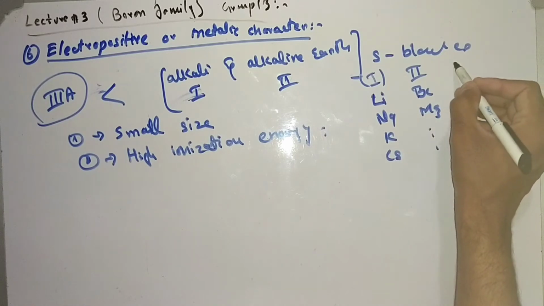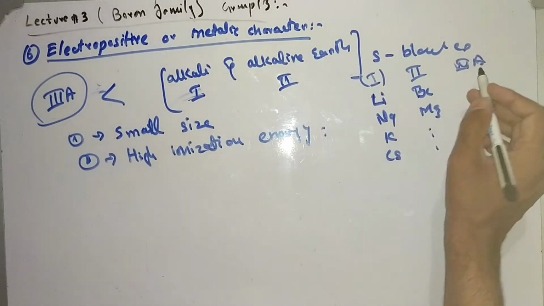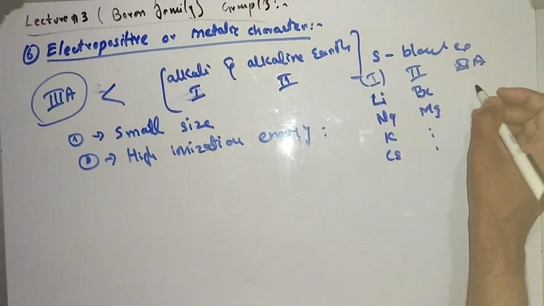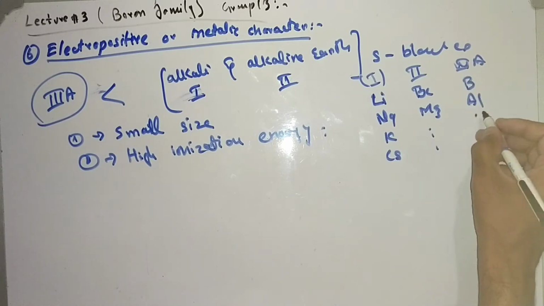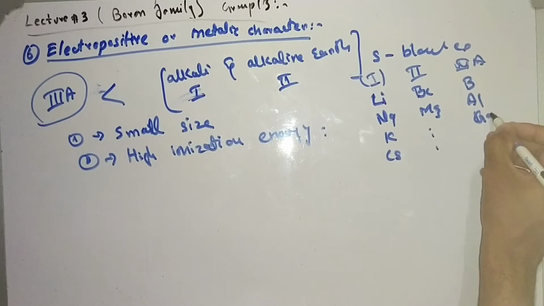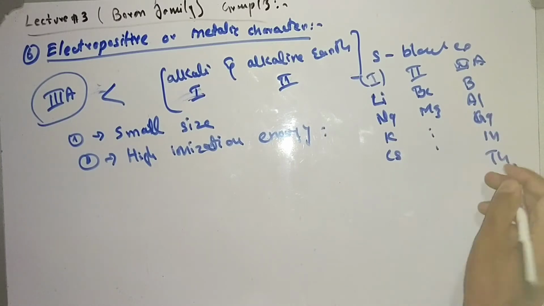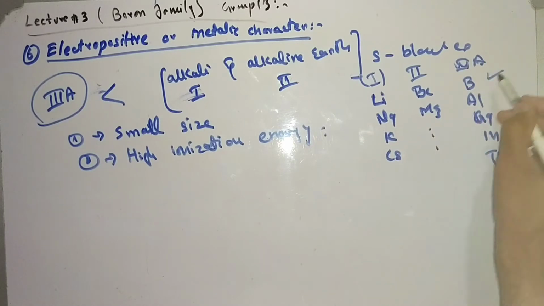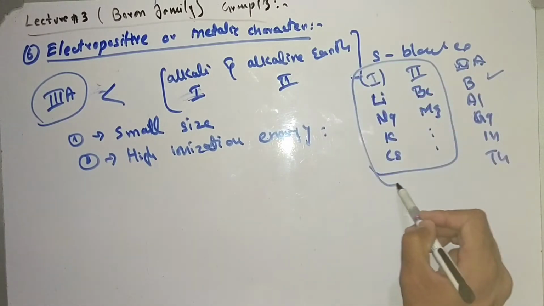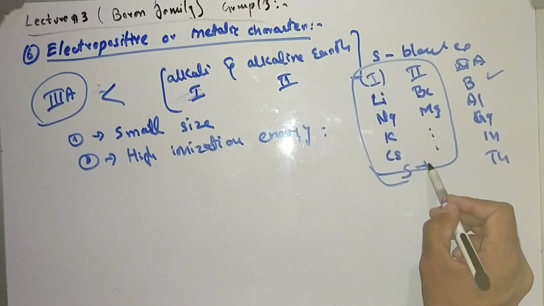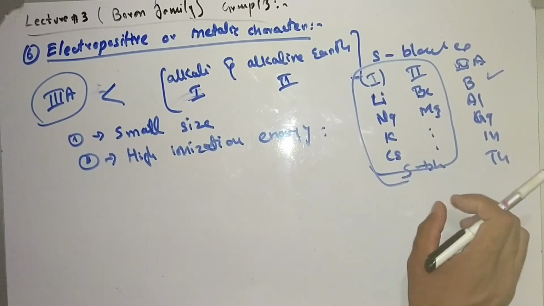Also, there are the group third A elements, also called group 13 elements: boron, aluminium, gallium, indium, and thallium. These are less metallic and less electropositive as compared to the S block elements. Why?